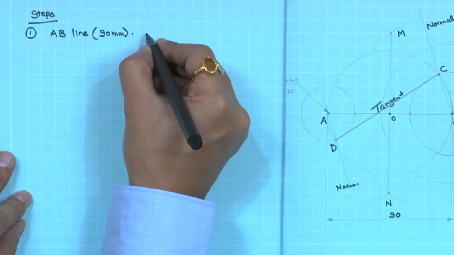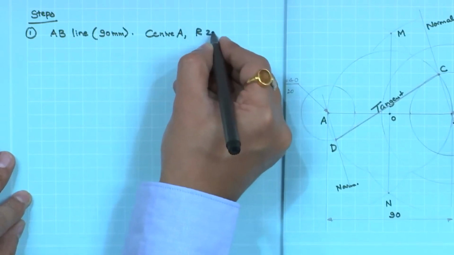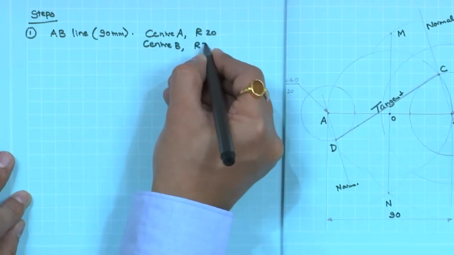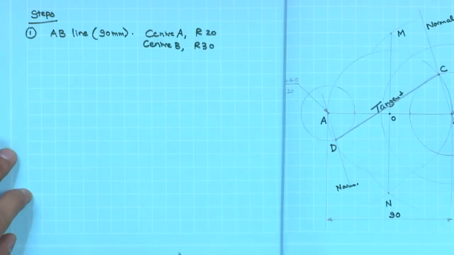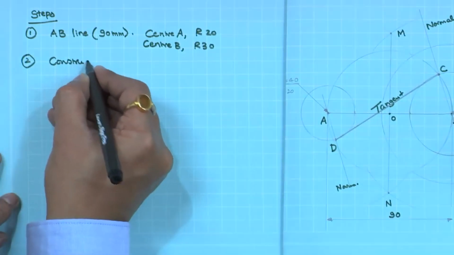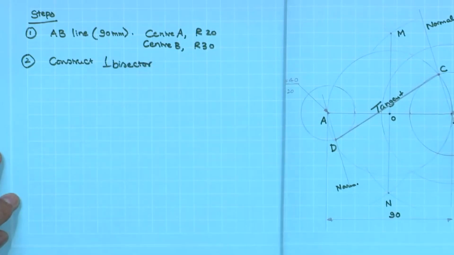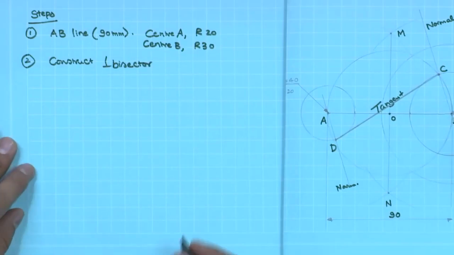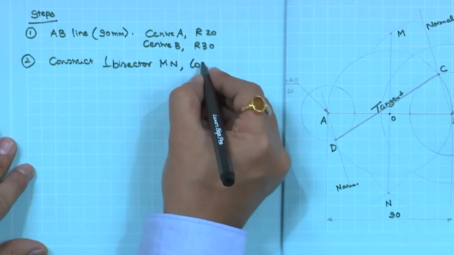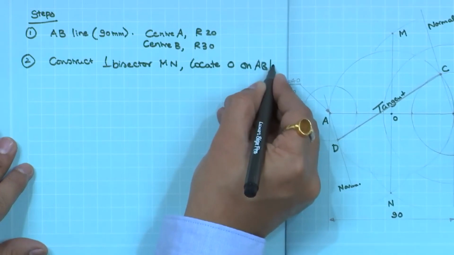Then draw circles with center A, radius 20 units, and also center B, radius 30 units. Then construct the perpendicular bisector, which is MN, and locate O on the AB line.